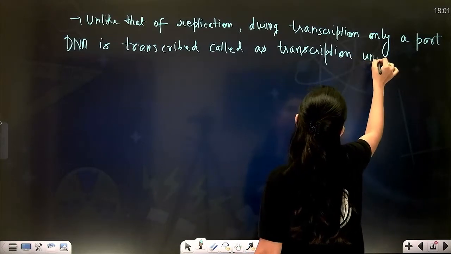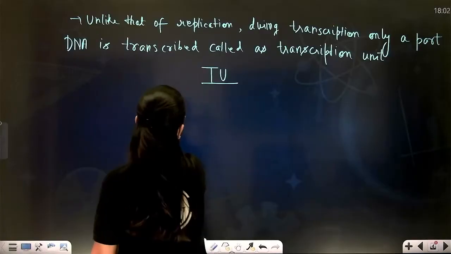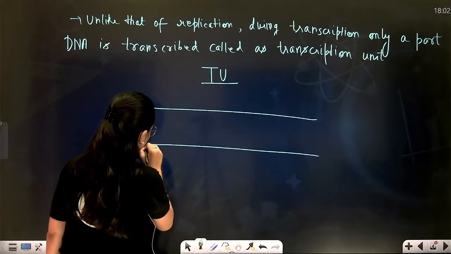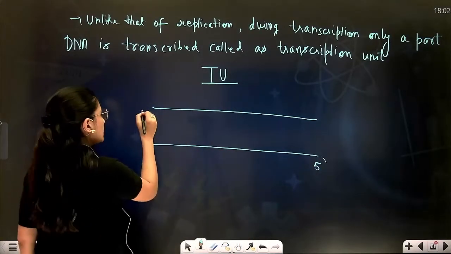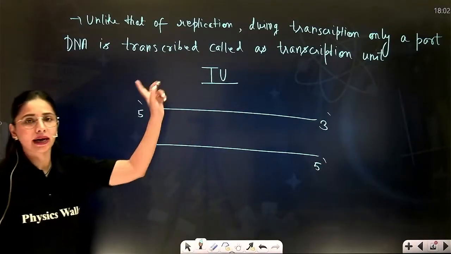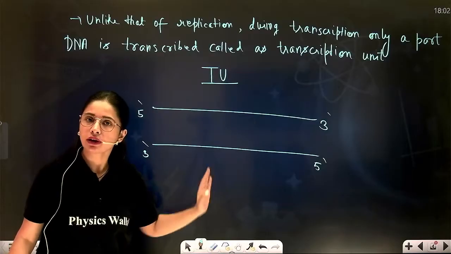Correct? Okay. Now, suppose this is my DNA. Both the strands are anti-parallel. The template strand has polarity in 3' to 5', and non-template, also known as coding, has the polarity in 5' to 3'. Now, this whole DNA is not going to undergo transcription.